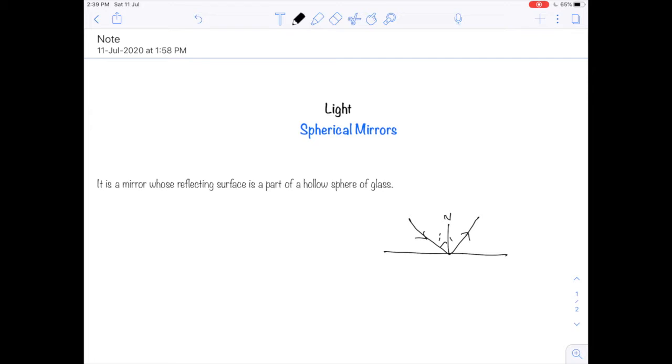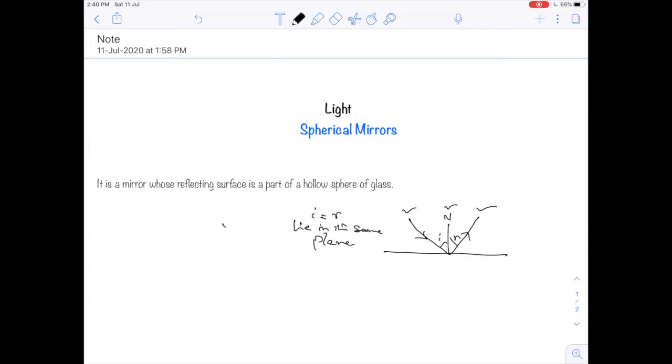So, the laws of reflection are: the angle of incidence i is equal to the angle of reflection r, and the incident light, the normal and the reflected light, all three of them lie in the same plane. And these laws of reflection hold good even for spherical mirrors.